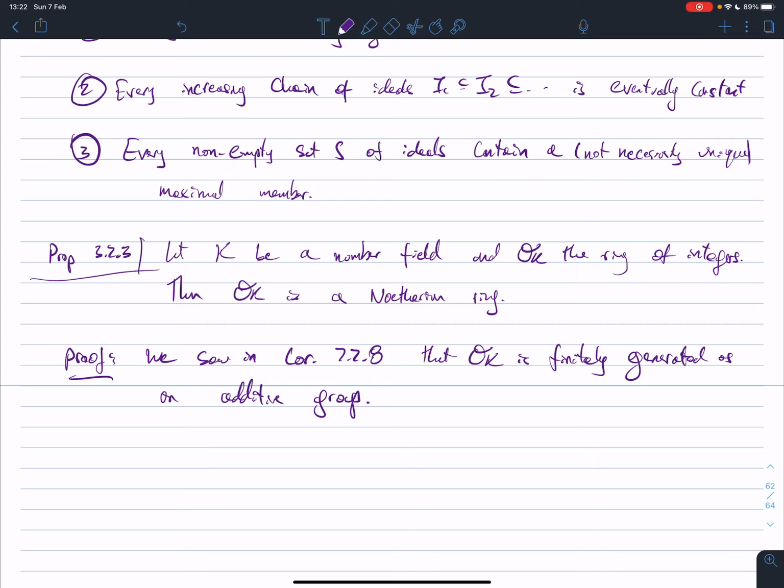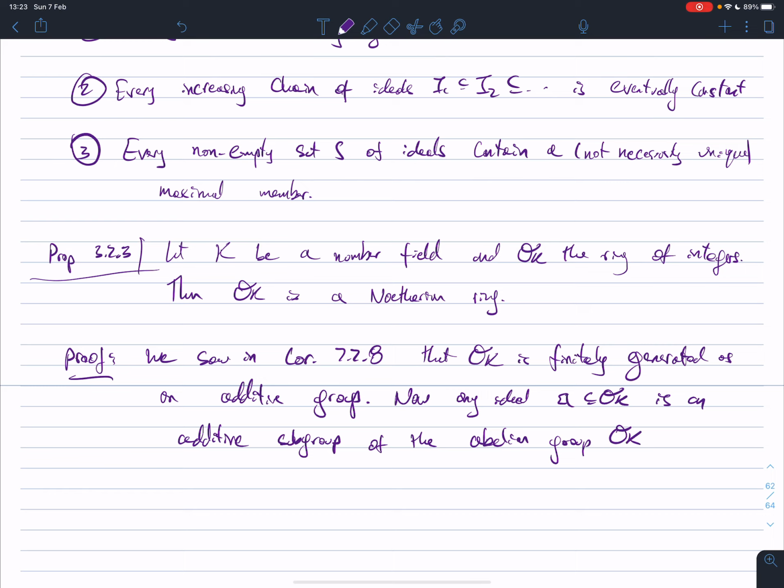So we know the whole ring is finitely generated as an additive group. Now, any ideal A inside of O_K is an additive subgroup of, here's a keyword, an abelian group.